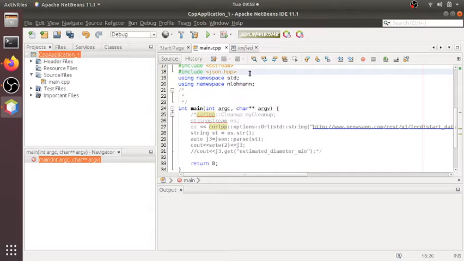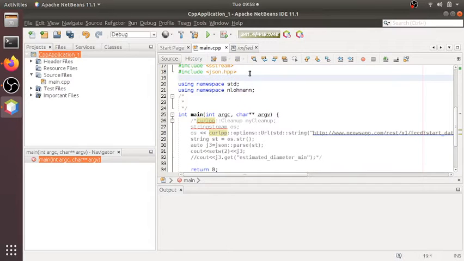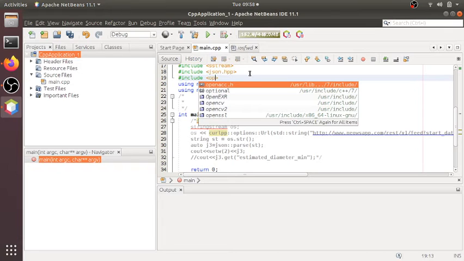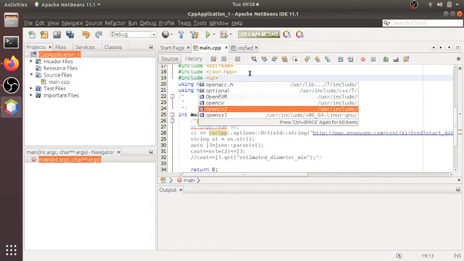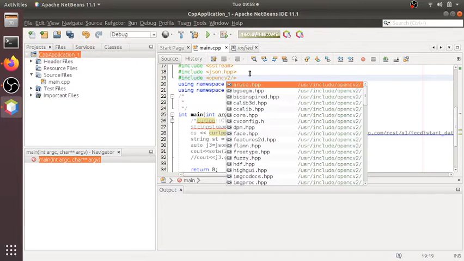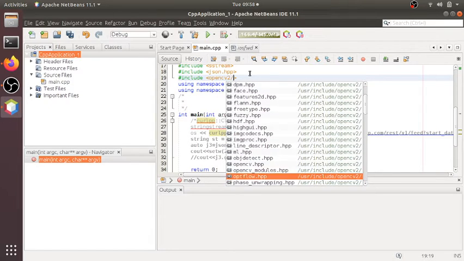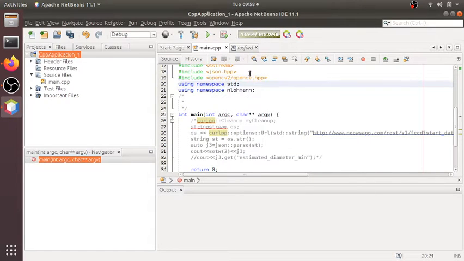So I'll do a hash include like this, OpenCV2. Okay, OpenCV2 can be used. Maybe this will work.